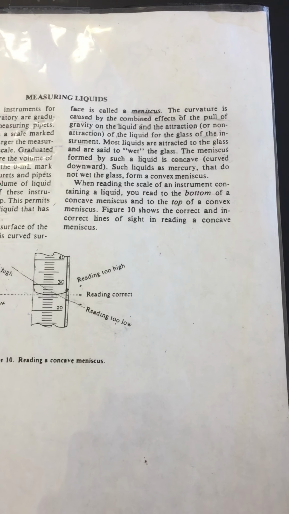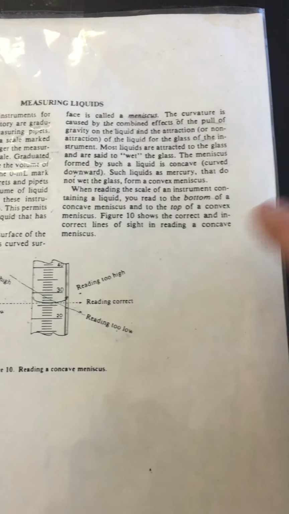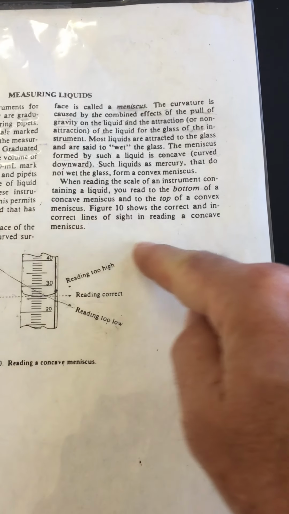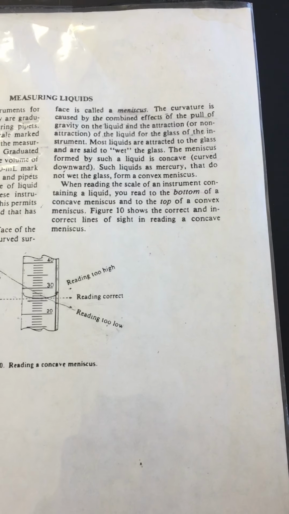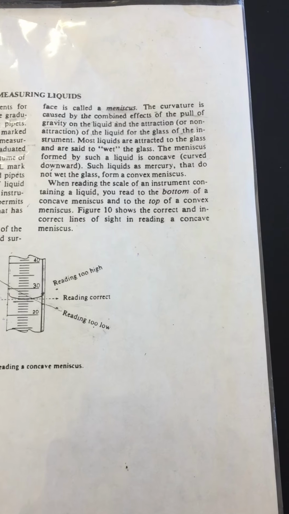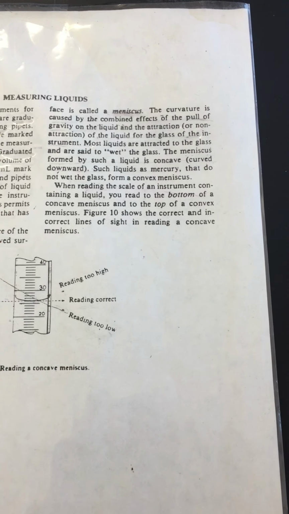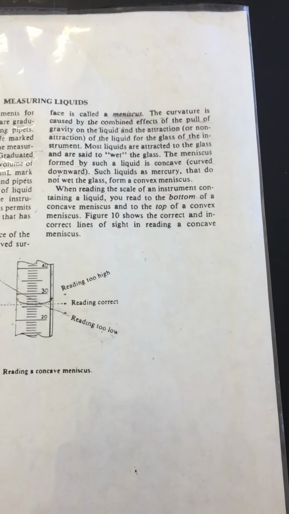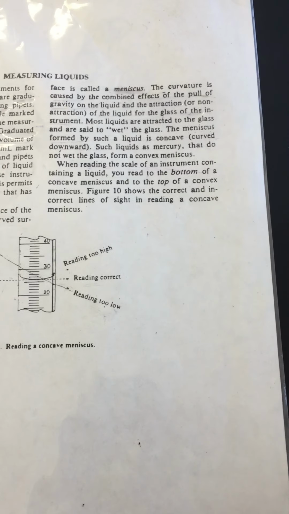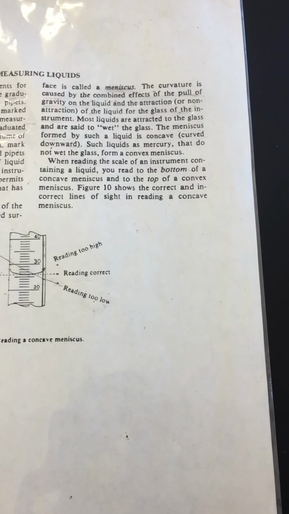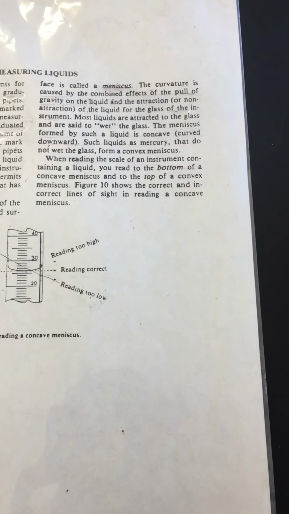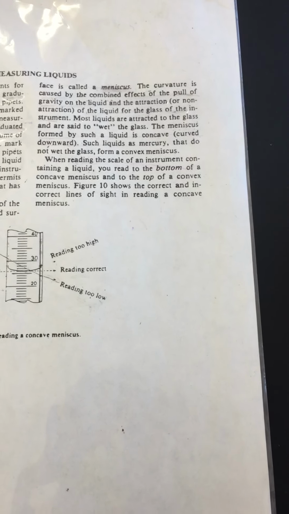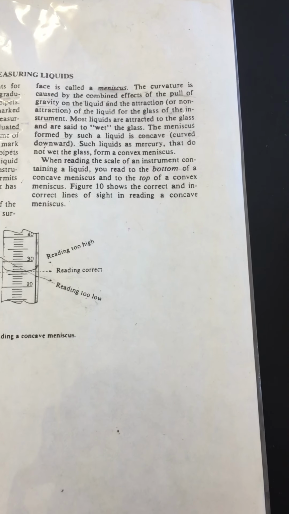The meniscus formed by such a liquid is concave, curved downward, kind of like it's caved in. Such liquids as mercury that do not wet the glass form a convex meniscus. When reading the scale of an instrument containing a liquid, you read to the bottom of a concave meniscus and to the top of a convex meniscus.